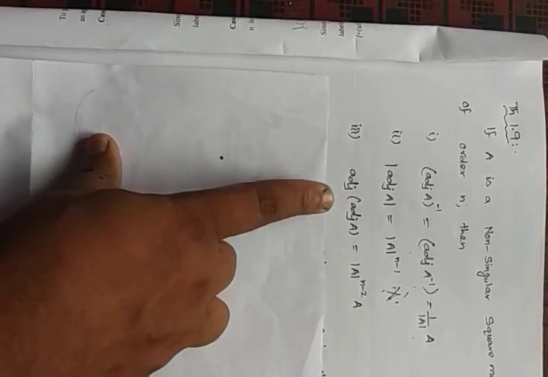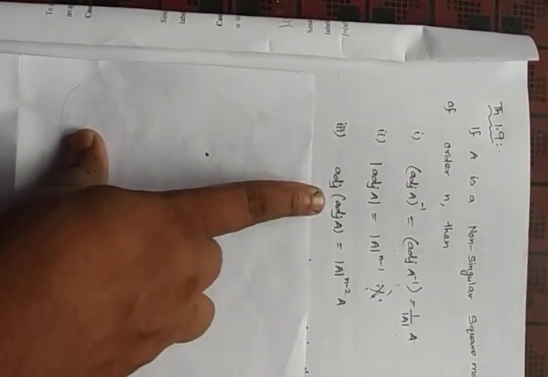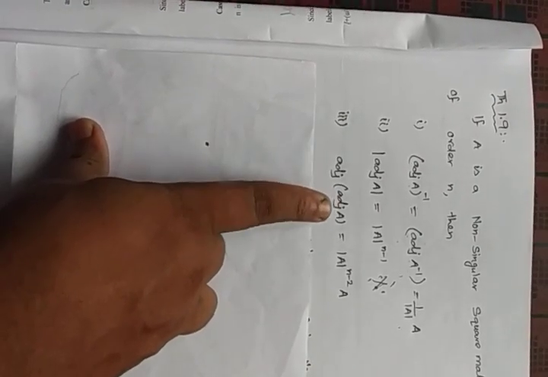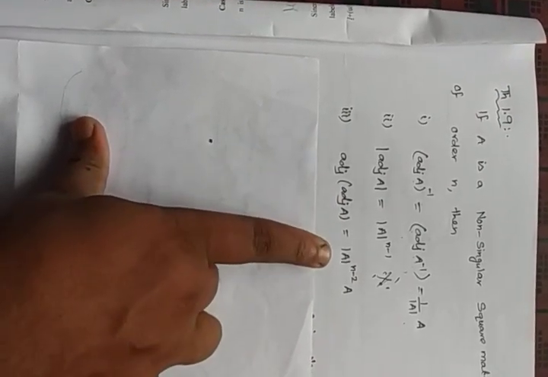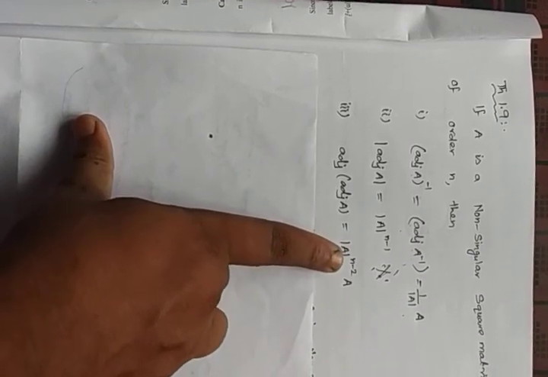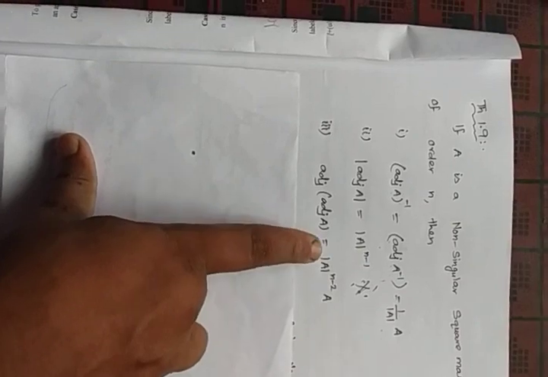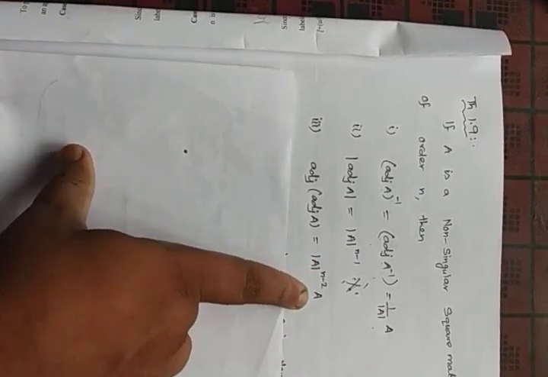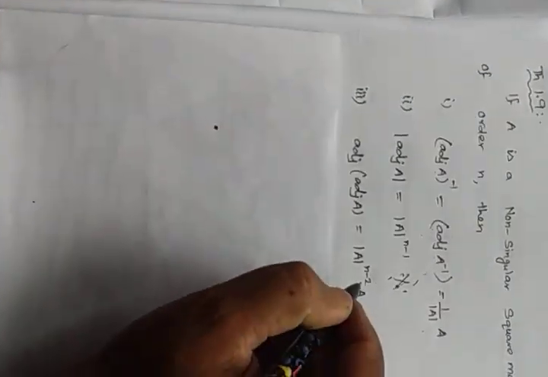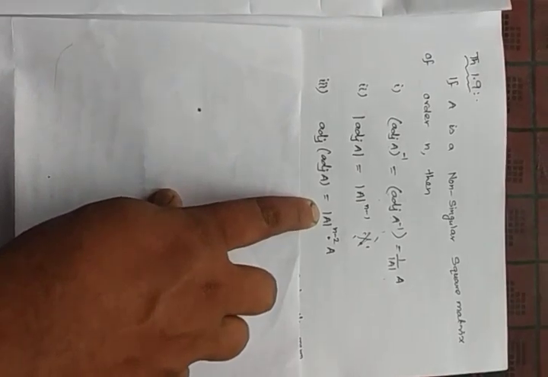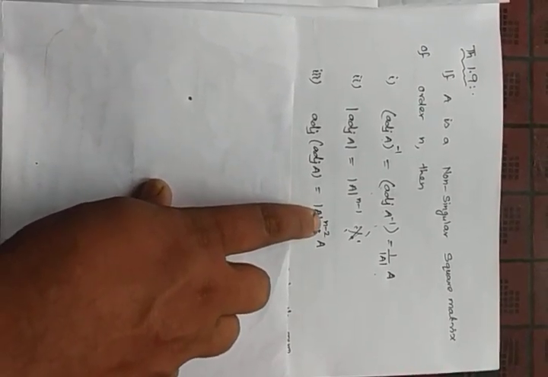Next you can see adjoint of adjoint A equals determinant A power n minus 2 into A. Into A means multiplication; A is an ordinary matrix. Here the determinant A value will give a number, and then you need to raise its power to n minus 2.